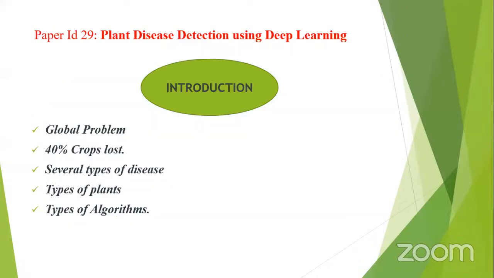Okay, my paper is 29. Plant disease detection using deep learning. So first of all, introduction. In this introduction chapter, I talk about the global problem. Why we discuss this topic? First of all, plant disease causes great damage in our agriculture, with significant yield losses. The recent expansion of deep learning methods has found its application in plant disease detection.